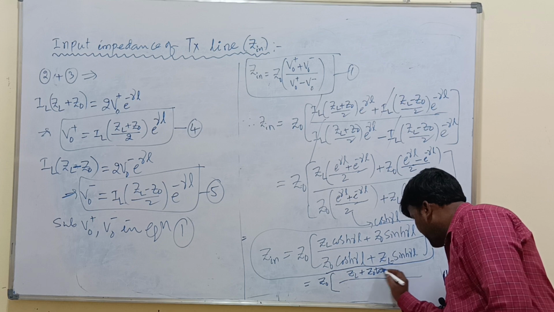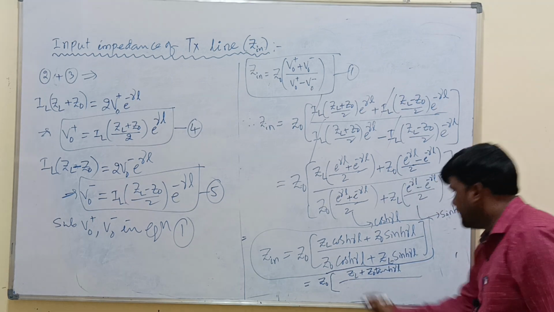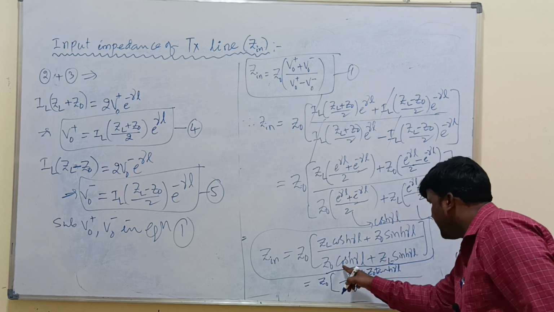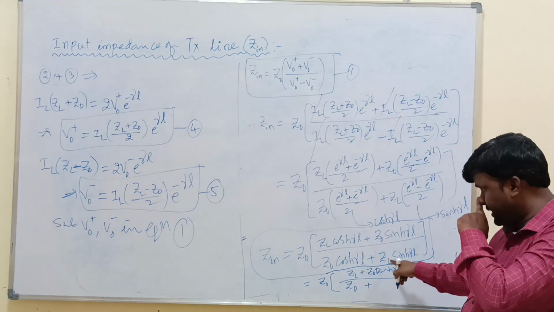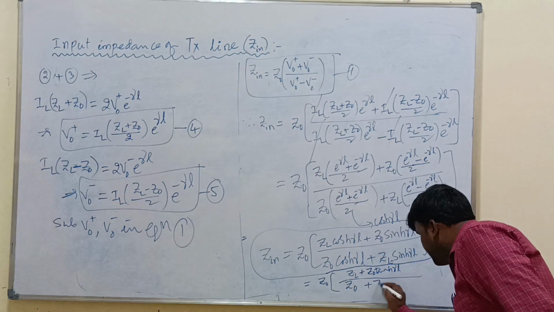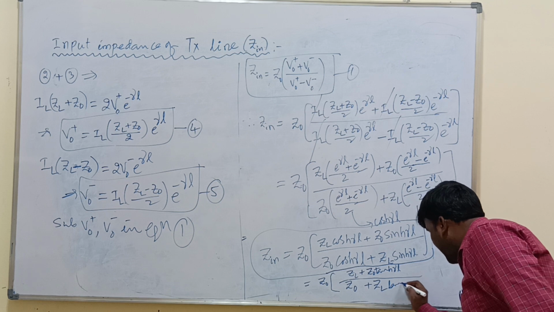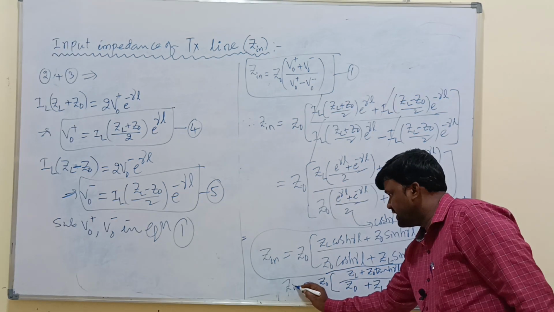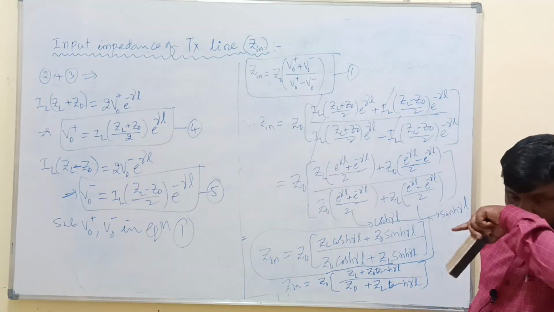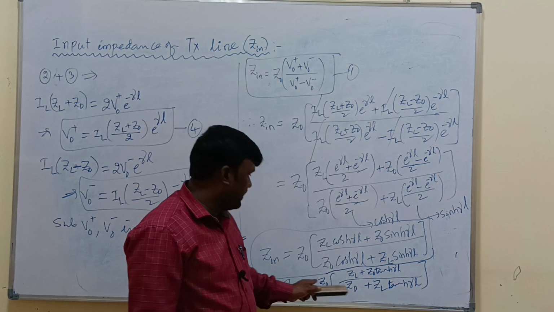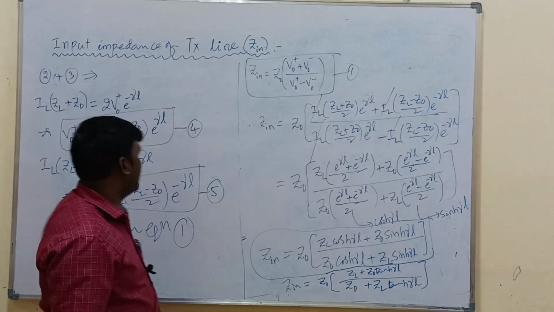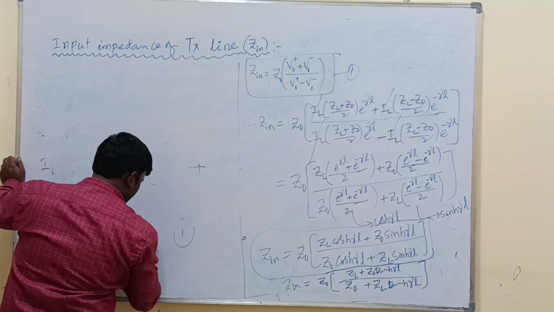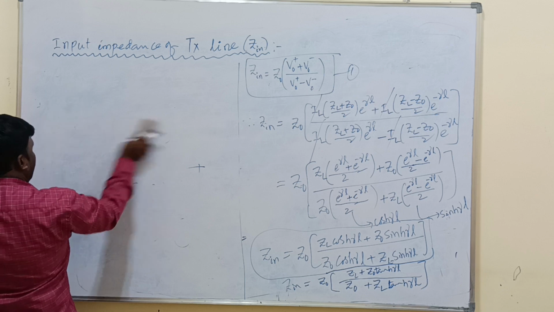Z naught tanh gamma L divided by, as you take cosh gamma L as common, remaining is Z naught plus ZL into sinh by cosh, that gives tanh gamma L. So this is the expression of ZIN. ZIN equal to Z naught into ZL plus Z naught tanh gamma L divided by Z naught plus ZL tanh gamma L. Once again, I am writing this derived expression here in terms of cosh, sinh and tanh.